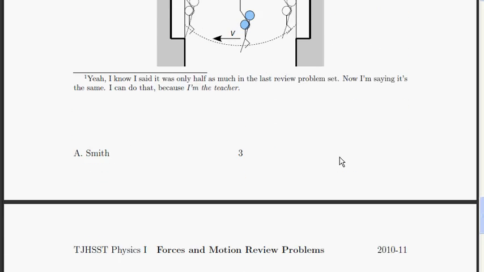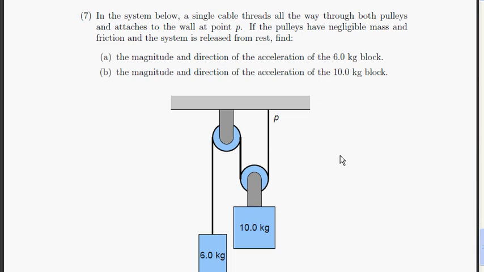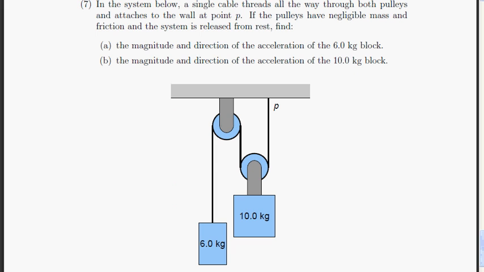So let's go ahead and take a look at problem 7, the very last one. In this system, we have a single cable threading all the way through these pulleys and stopping at point P. If the pulleys have negligible mass, what is the magnitude and direction of the acceleration of these two blocks?